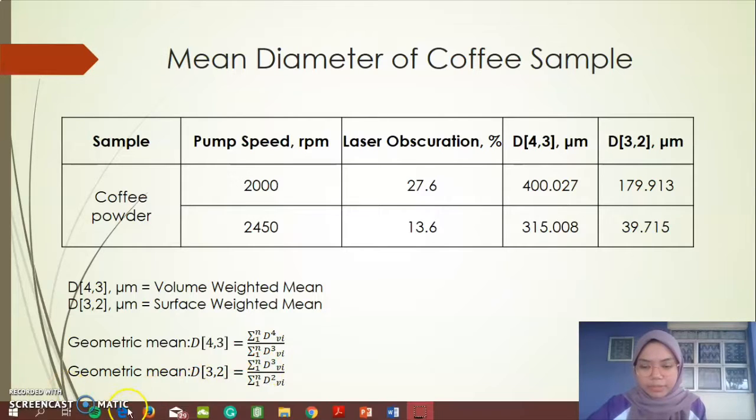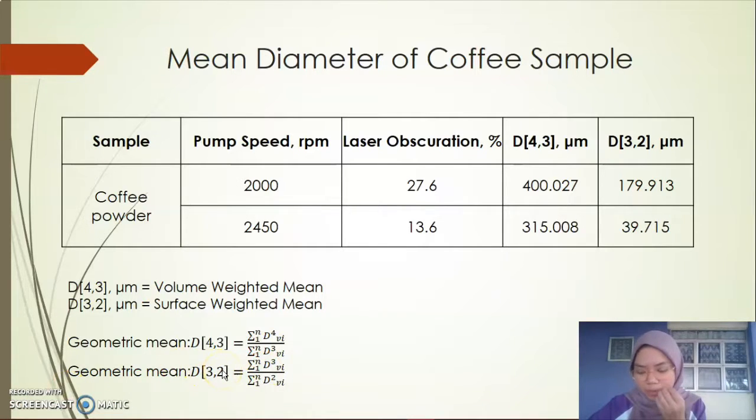And as for D32, it is the summation of mean diameter power 3 divided by the summation of mean diameter power 2. And this makes it more logical to be smaller than the value of D43.